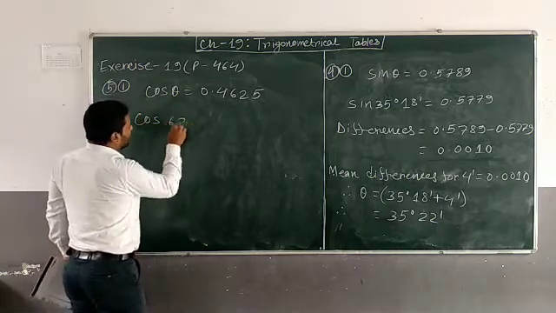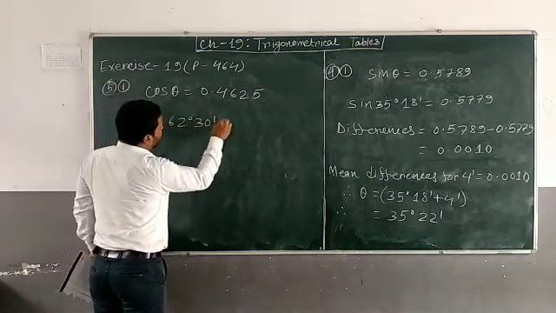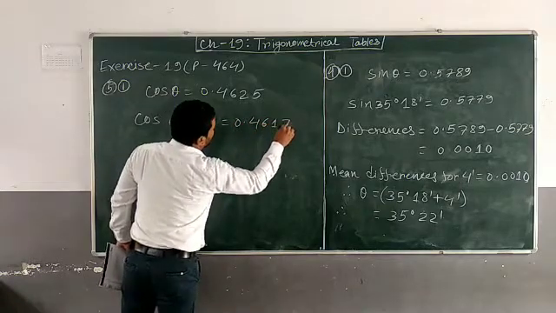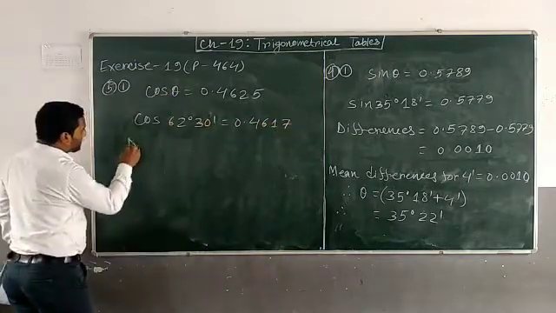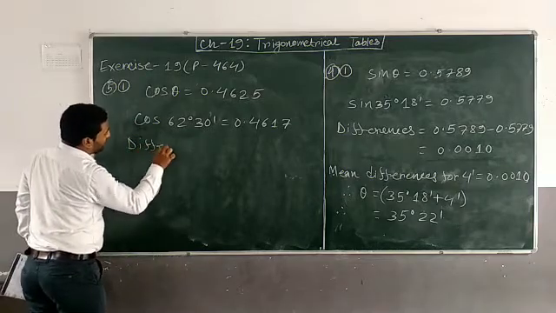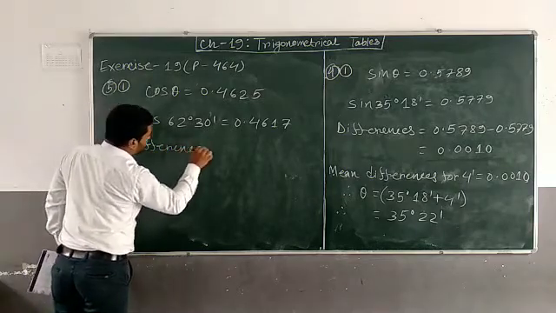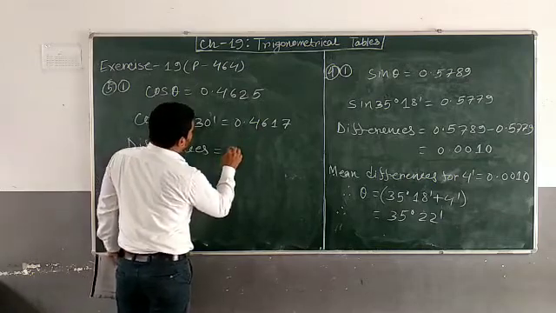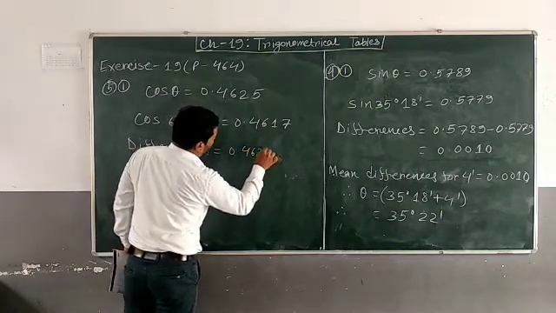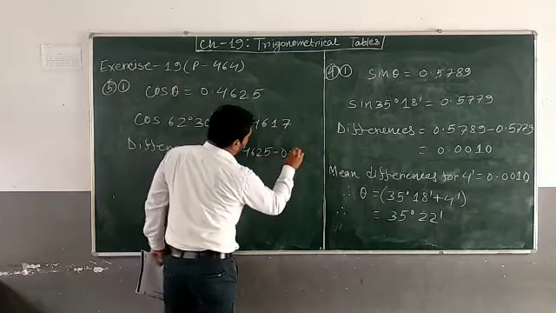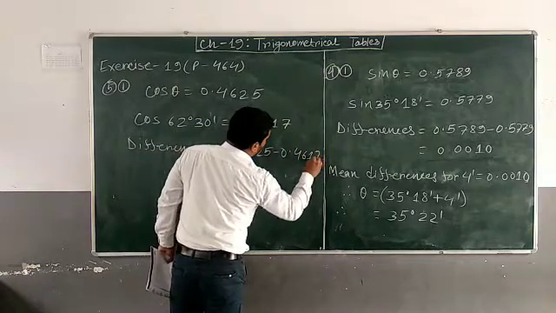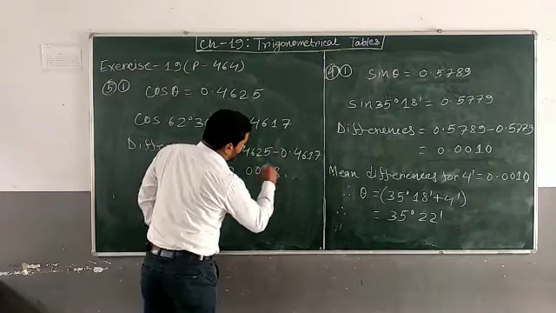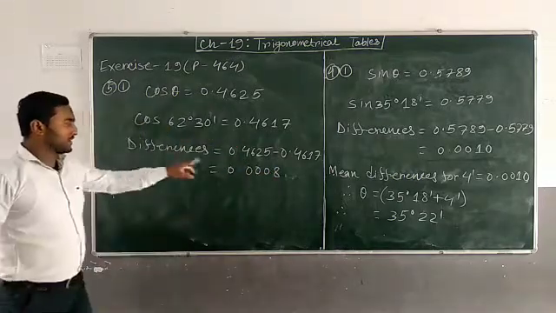So cos 62 degree 30 minutes is 0.4617. Now differences: 0.4625 minus 0.4617 is 0.0008.